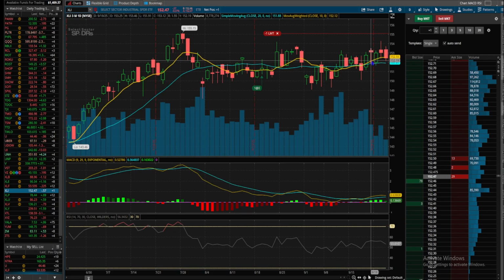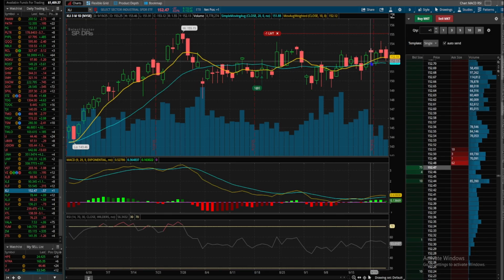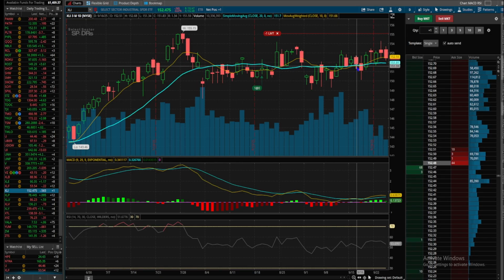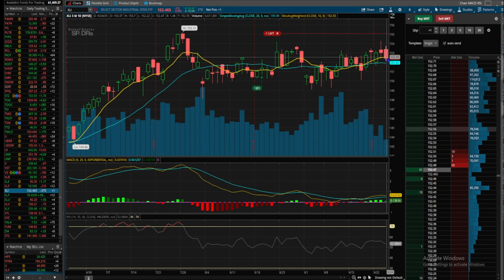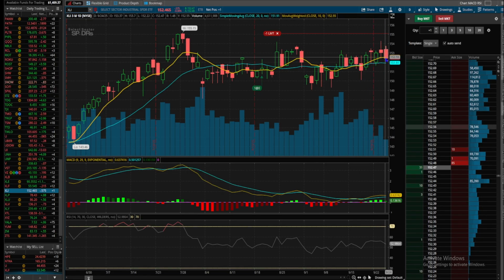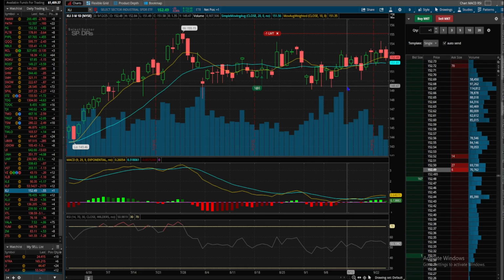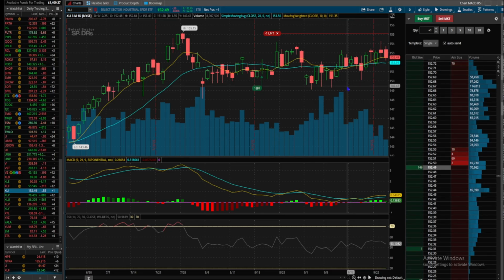So we had price move above our fast moving average. We had the fast moving average cross our slow moving average last week. However, we have price moving back down below our fast moving average, and the ETF XLI is for industrials. It's hard to say how well the industrials sector will be performing.